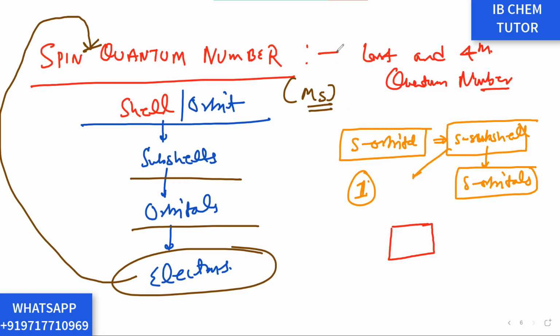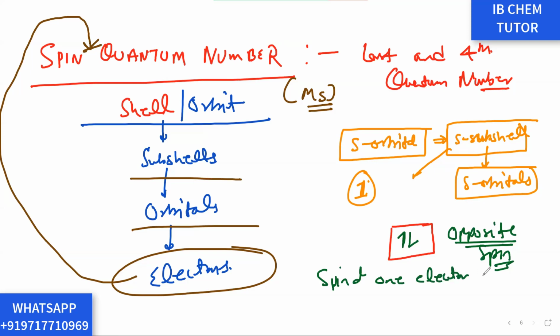Now I told you that one orbital can have a maximum of 2 electrons. So when I fill the electrons, these 2 electrons will have opposite spin. Means the spin of one electron will be clockwise.